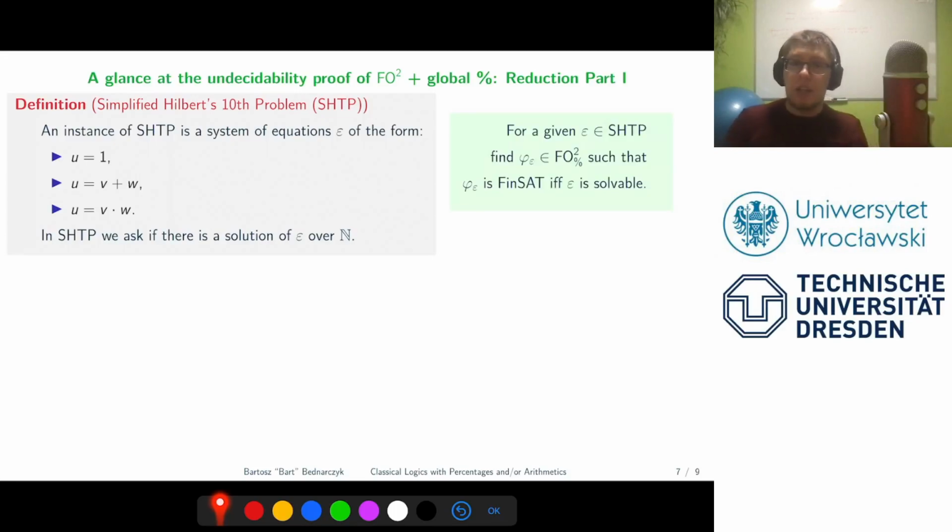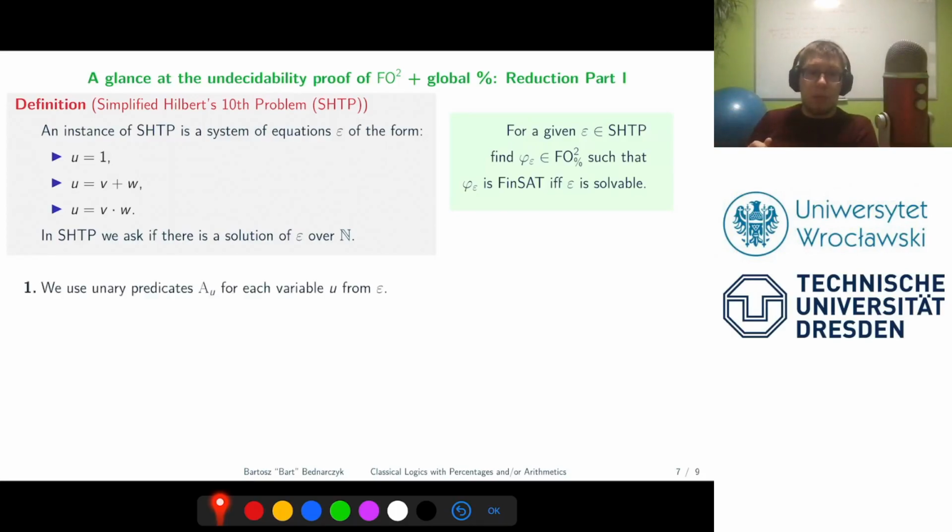In our reduction, for a given system of equations like this, we would like to find a formula phi which is written in FO2 with global percentage counting, such that our formula is finitely satisfiable if and only if our system of equations has a solution. The main idea is that the solution will be encoded with the help of additional unary predicates.